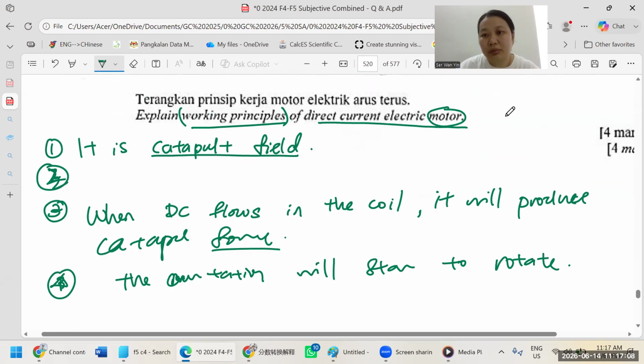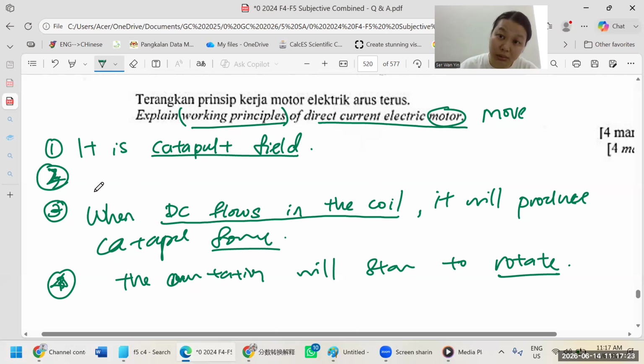The motor finally will move. How does it move? Rotate. If you cannot think of the rest, at least DC flows in a coil, at least catapult field, at least you know the definition, 2 to 3 marks.